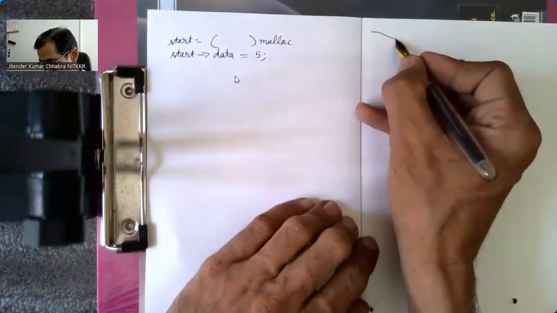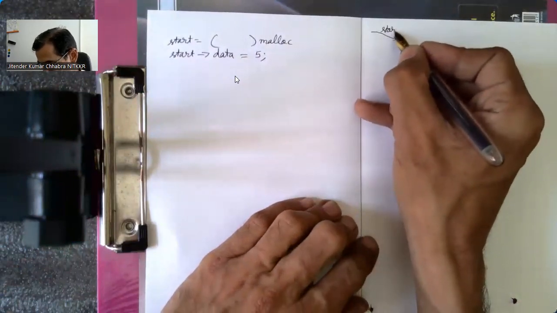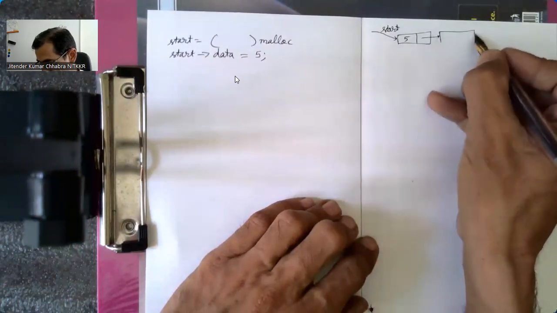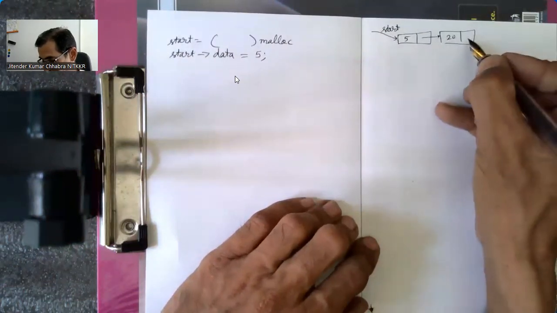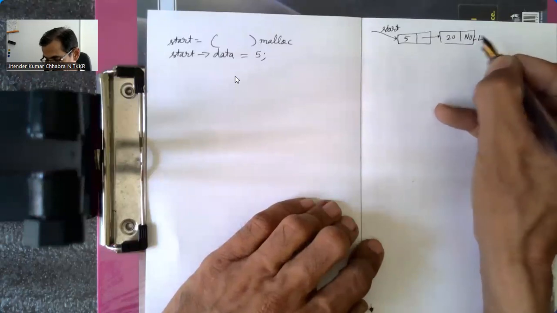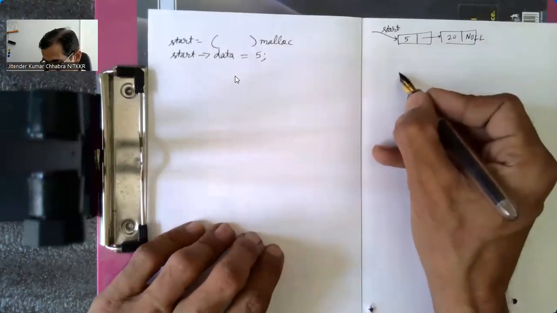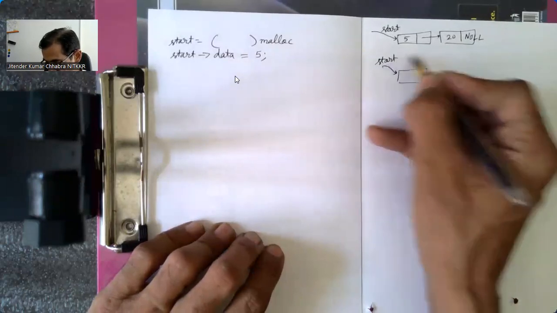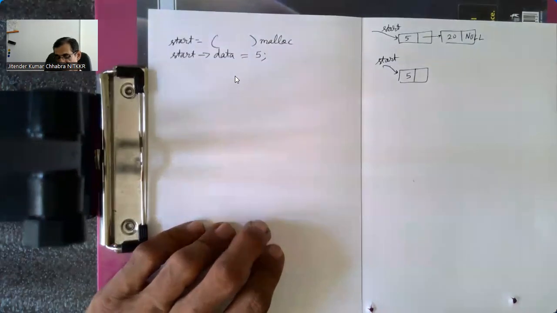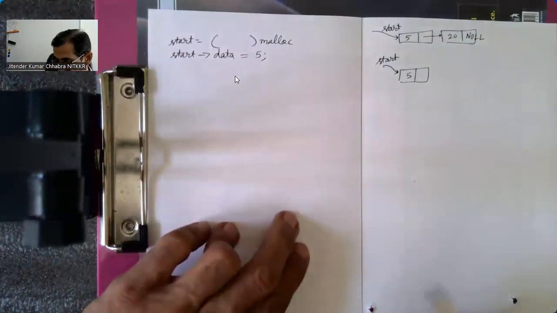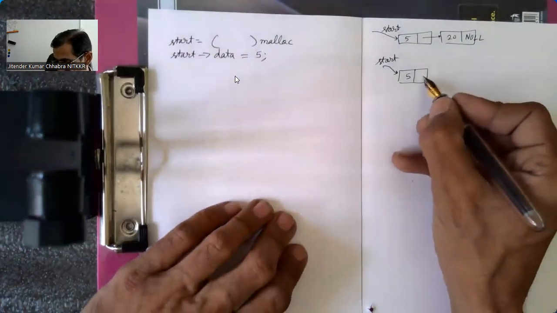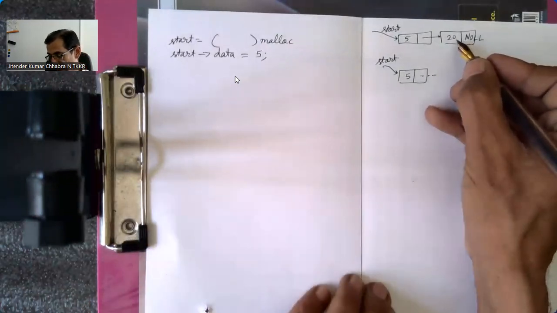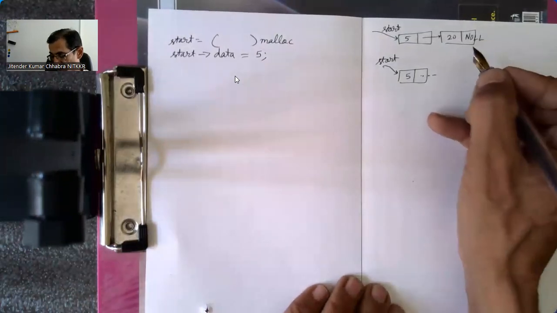I want a list to be created as something like this. Till now, what I have got is start pointing to this node, having 5. Now effectively what I need is this linking to be done, a new node to be created, with 20 within that node and null, etc. to be stored.